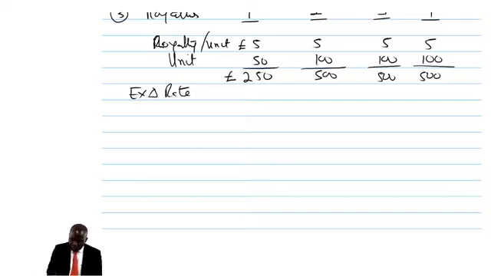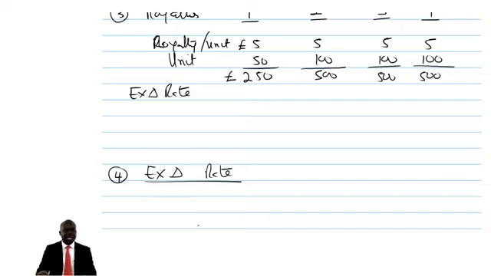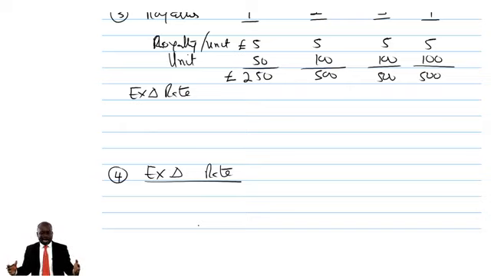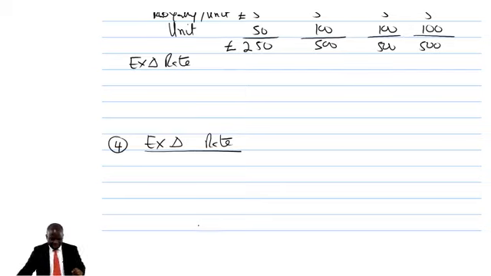I need to pause here, go down there to working 4 and do my exchange rate. When I finish, I come back and complete the royalties. Once I've got the royalties, I go up there and complete my table for the calculation of the net cash flows. So you have to be very, very organized. That is why you can't be reading the question over and over. Time will not allow you to do that.